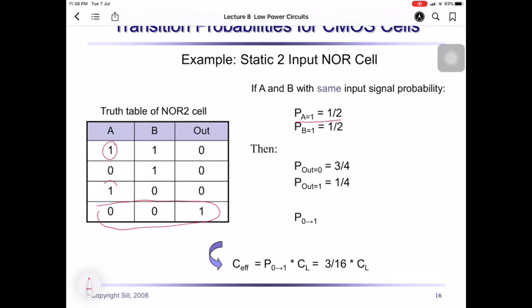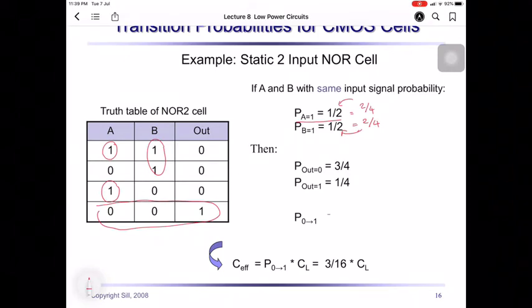Here it is 1, 2 out of 4, right, which can be simplified into 1 over 2, and the B is also 2 out of 4, right, so which can be also simplified into 1 out of 2. Okay, the probability of the output is 0 is 3 out of 4, and the probability the output is 1 is 1 out of 4.